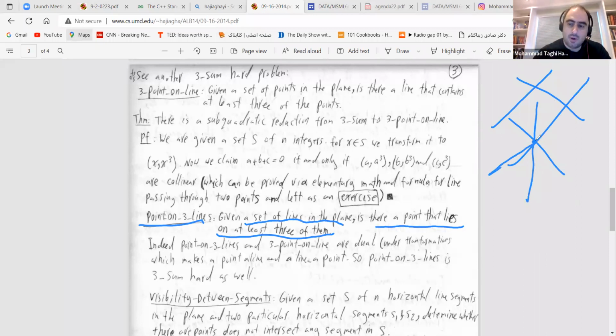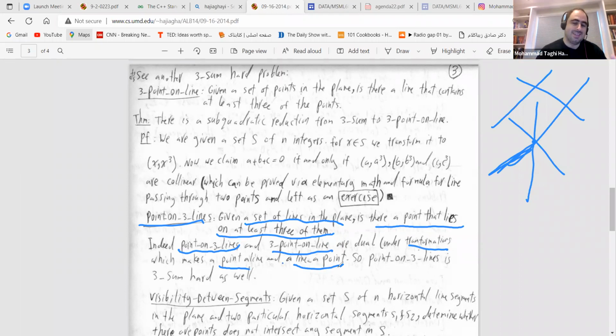So this is an important problem. This is the reduction, this duality. You can read about it on Wikipedia. So a point on 3 lines and 3 points on a line are dual. There are some famous transformations in the plane that take a point and make it a line, and make a line a point.